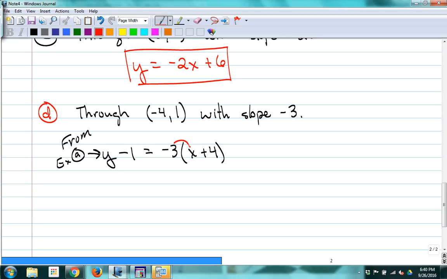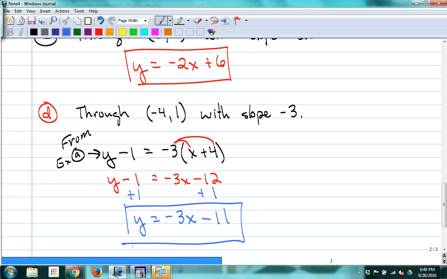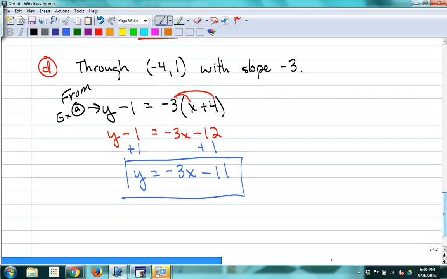Distribute the -3 first, yeah. -3x minus 12. This is still y minus 1 over here. Now we can add 1 to the -12. Hey, we got y by itself. And then the y-intercept would be -11. And there we have slope-intercept form. But we started with point-slope form.